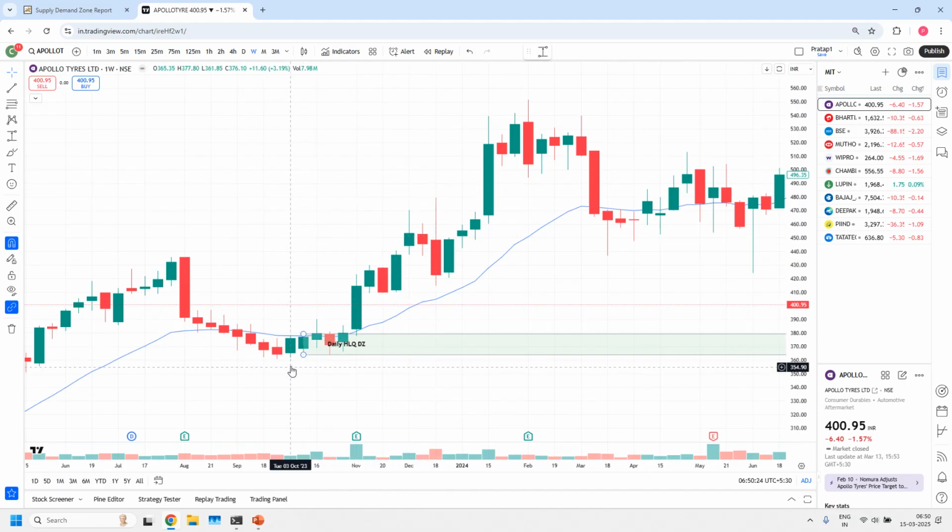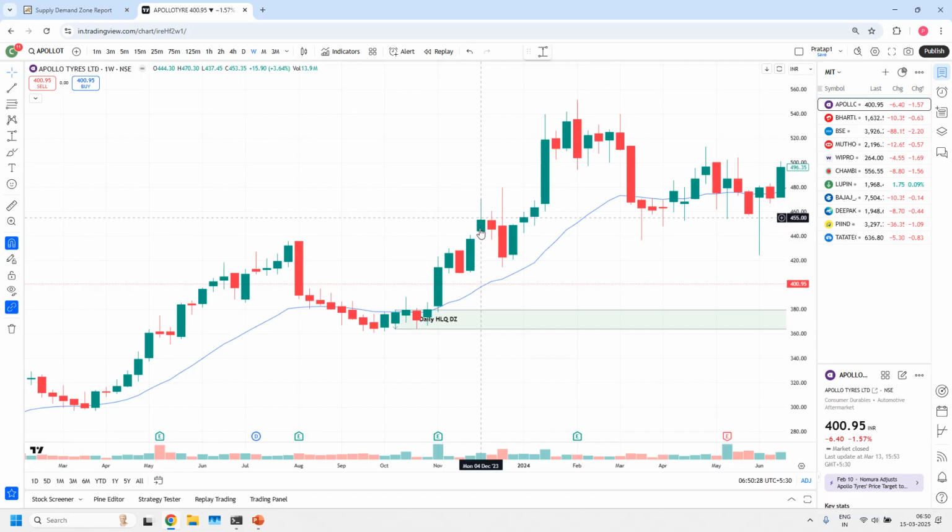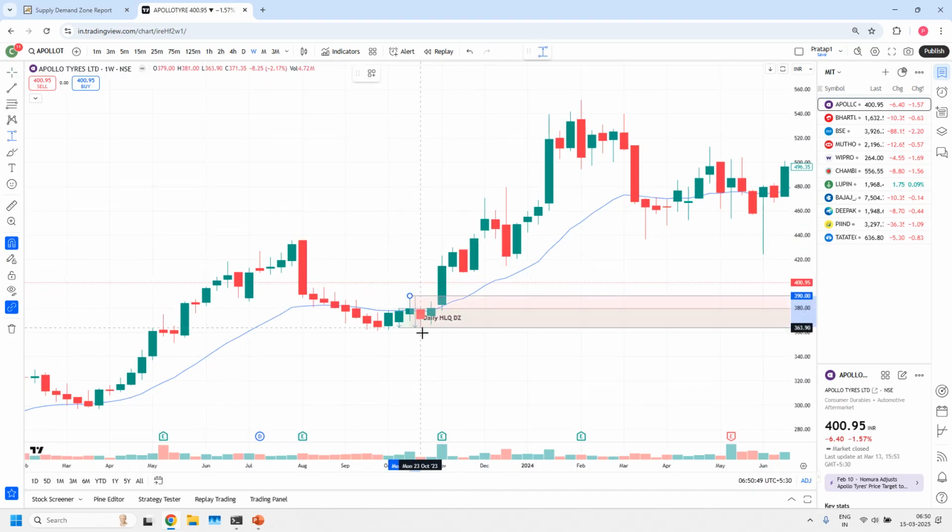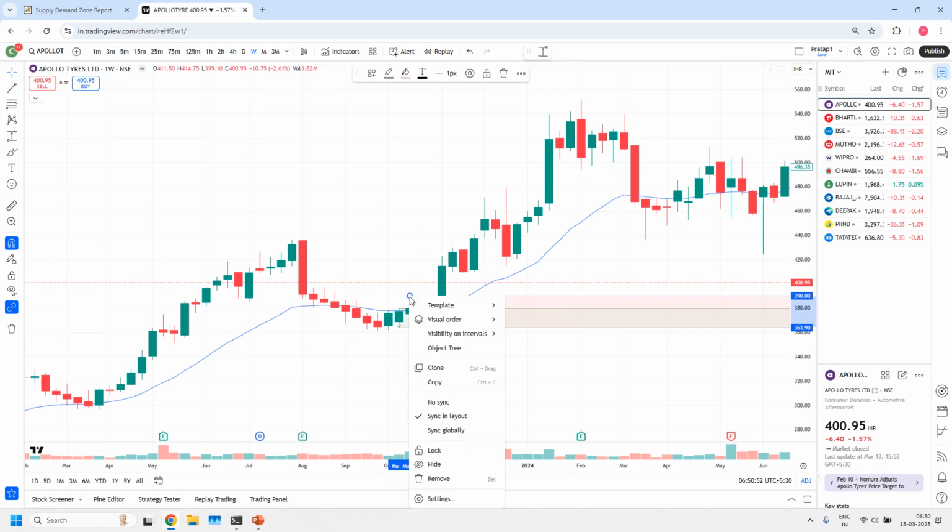Yes. We have a rally. We have 1, 2, 3, 4 base candles and a rally candle. Or you can also see here: rally, 2 base candles, rally. Either way, it is okay. This is overlap. A rally, base, rally. Weekly demand zone.